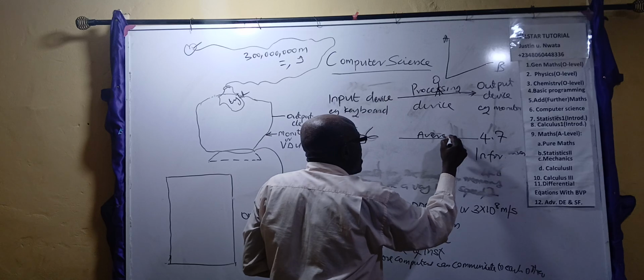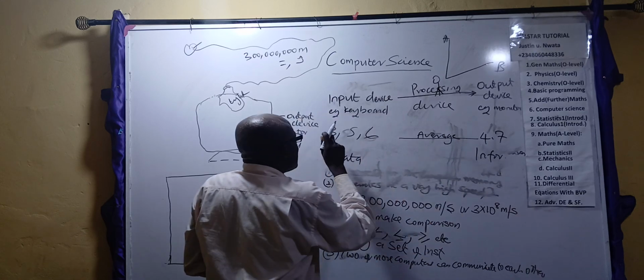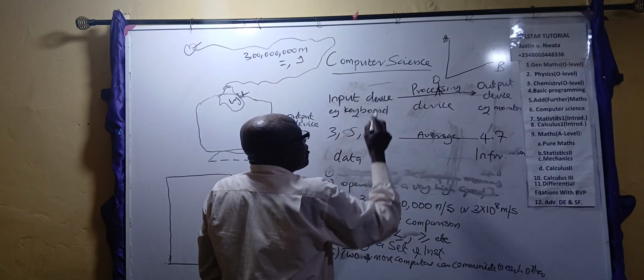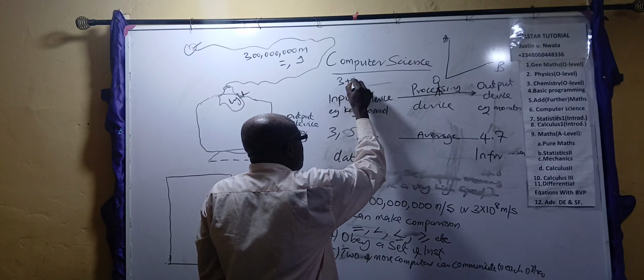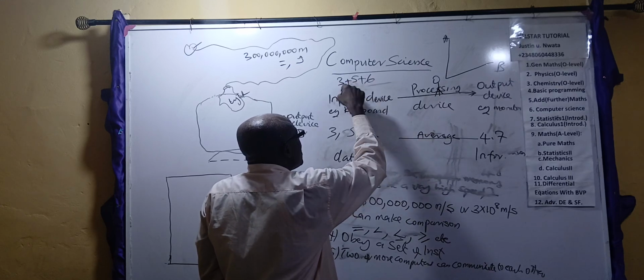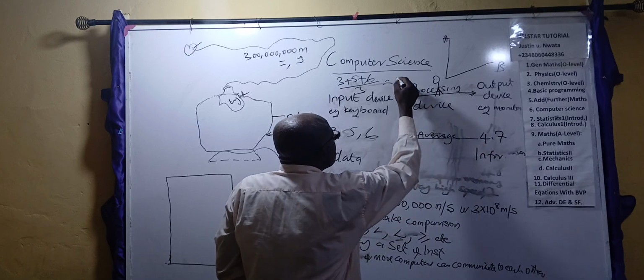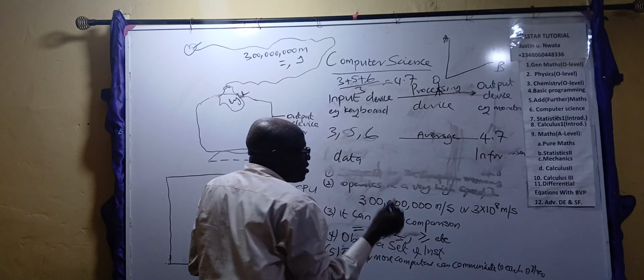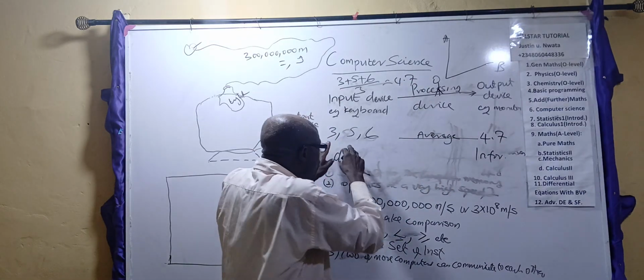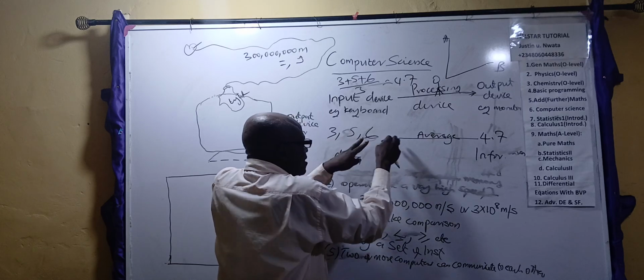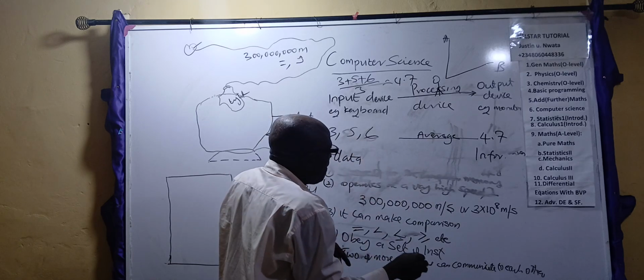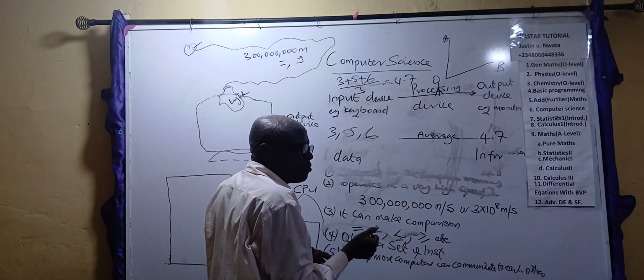In mathematics, you know how to find the average. Add the numbers: 3 plus 5 plus 6. How many are they? 1, 2, 3, divided by 3. If you do it, you get what? 4.7. This time around, it's no more your brain doing it. Only input 3, 5, 6 with the keyboard, then press the key you're supposed to press.